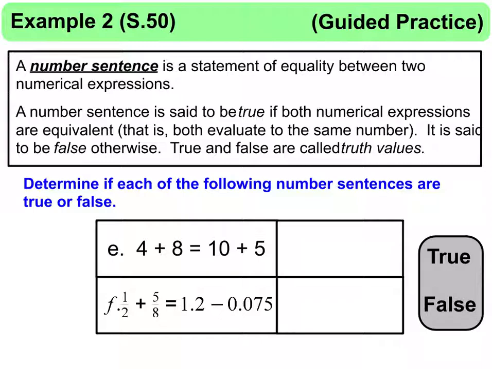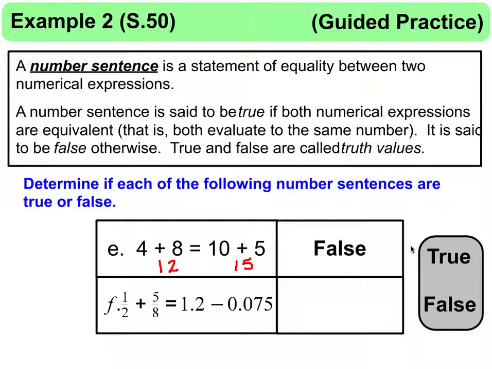So what you're going to see is a series of true and false potential statements. So the students will look at it and they will say, well, if I've got 4 plus 8, that is equal to 12. And if I've got 10 plus 5, that is equal to 15. And so we ask the students to evaluate whether that is true or whether that is false. And they're going to say that that statement is false.